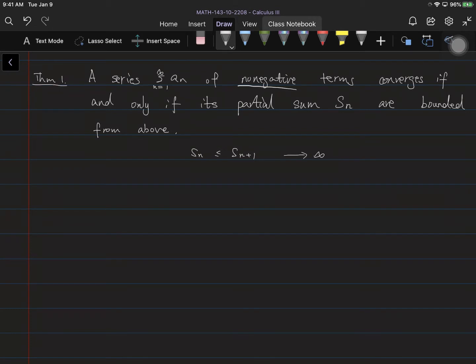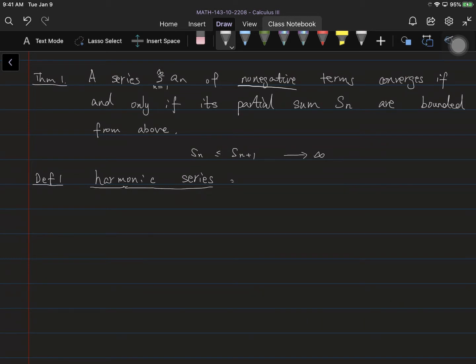Now let's take a look at the definition. This is called the harmonic series. It is also a very commonly used series, similar to the geometric series. But let's see whether this series converges or diverges.